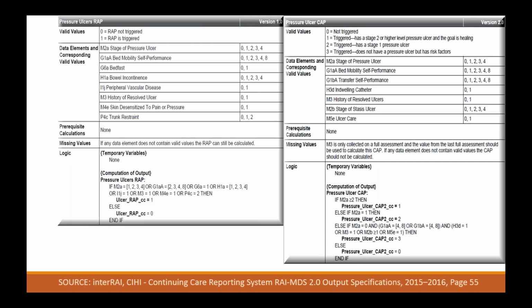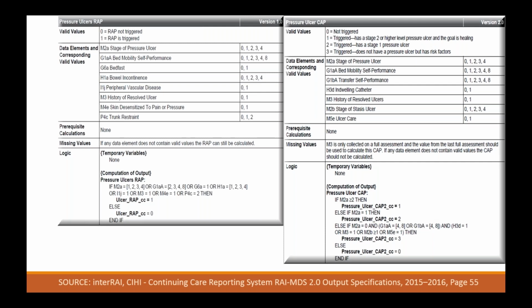M2B is greater than or equal to 1, and notice that M2B is the stasis ulcer. Or M5E equals 1, that is, you are receiving ulcer care. Then you're going to trigger at the level of 3, and that does not have a pressure ulcer, but has a risk factor that could contribute to that person having a pressure ulcer.